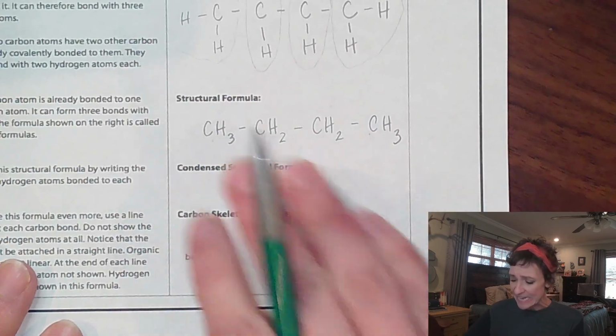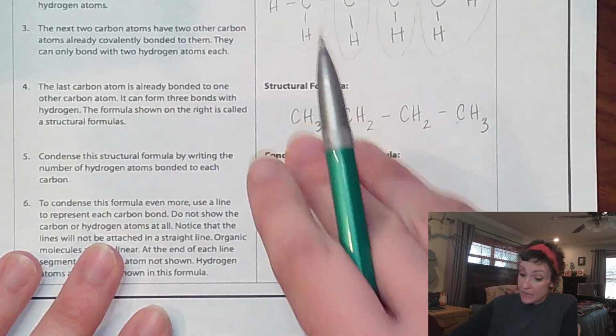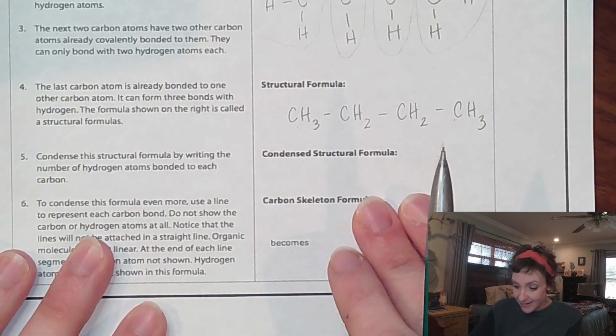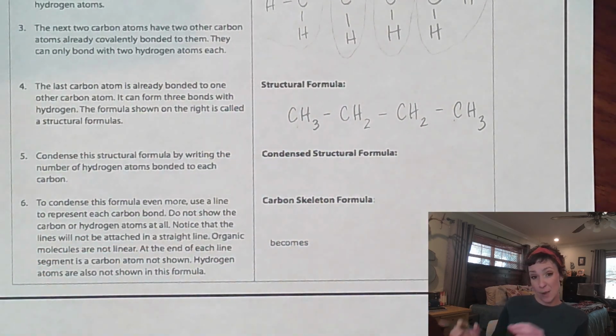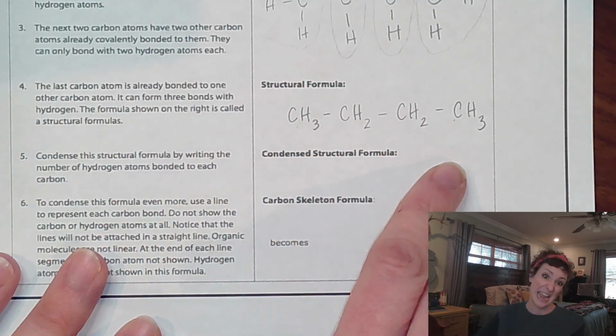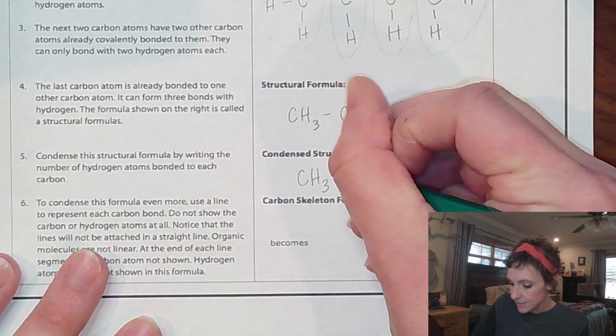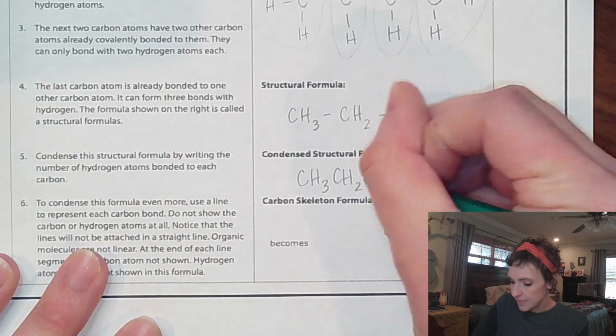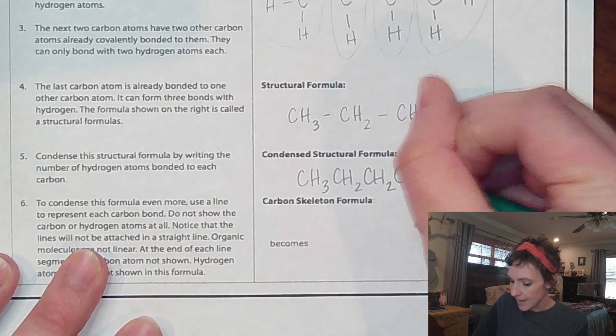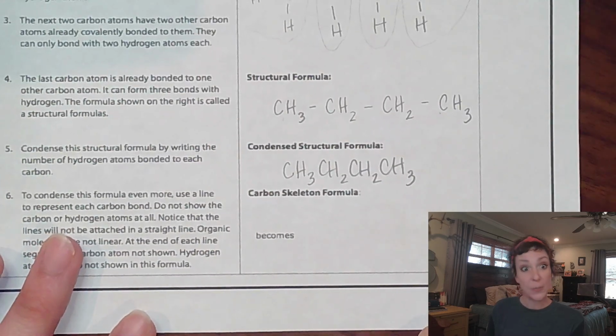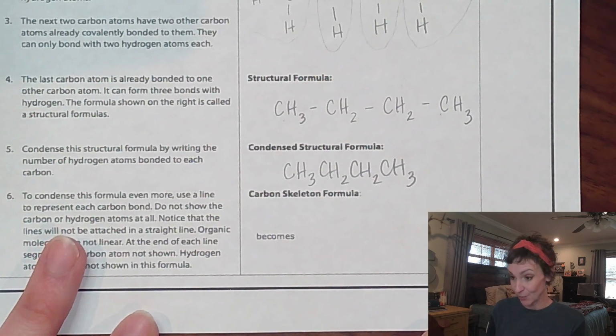I can even condense this structural formula more by writing the number of hydrogen atoms bonded to each carbon, but now I can get rid of the dash. Watch how this looks. I can go CH3, CH2, CH2, CH3. So that is a super condensed structural formula.